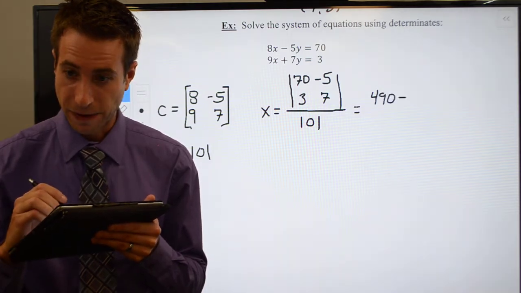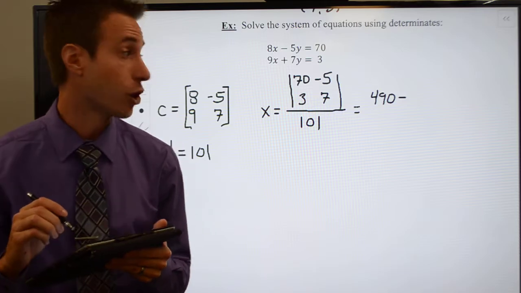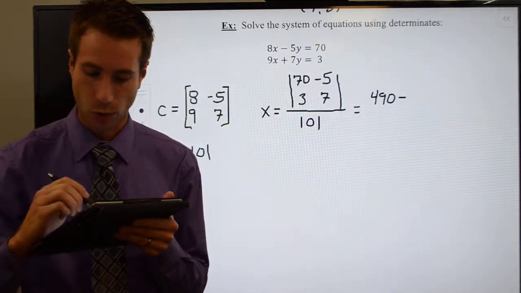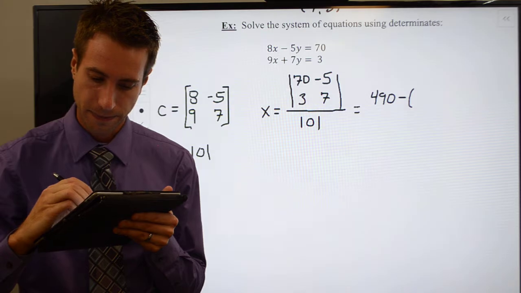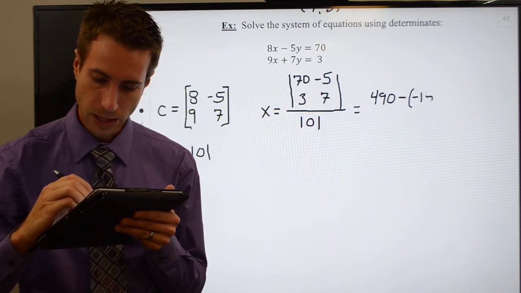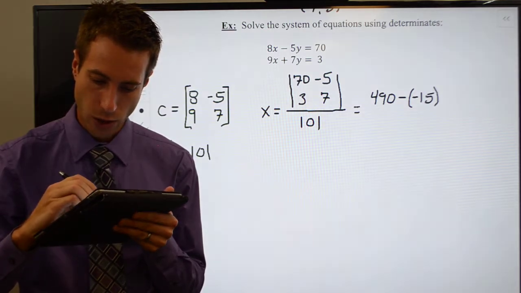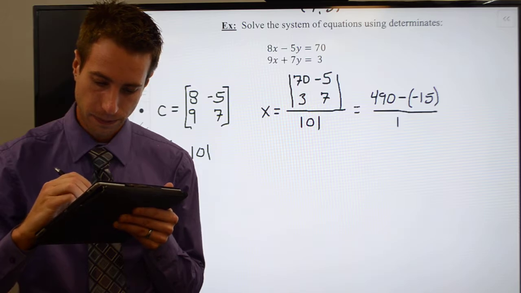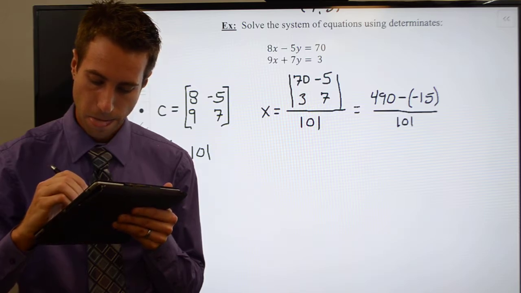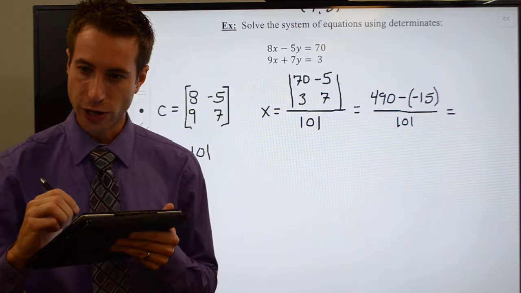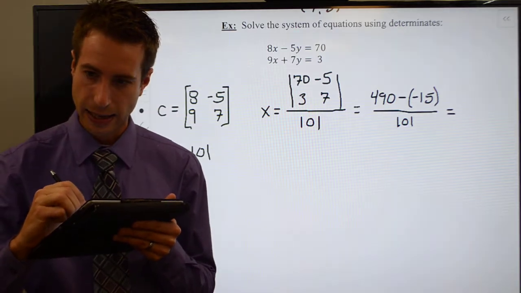Minus 15. Oh, I'm sorry. Minus a negative 15. Careful. Watch your signs. That was almost bad. And then you divide by 101. Careful, don't fat finger something on your calculator.